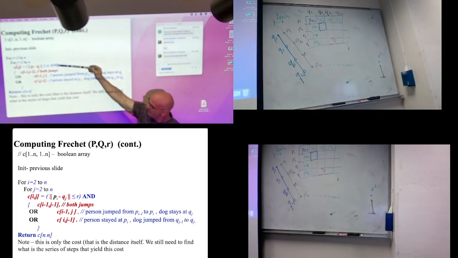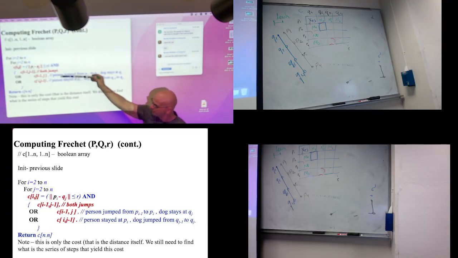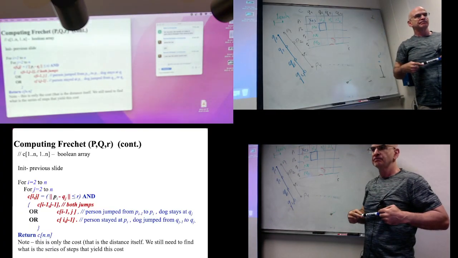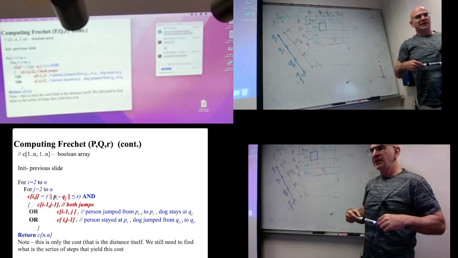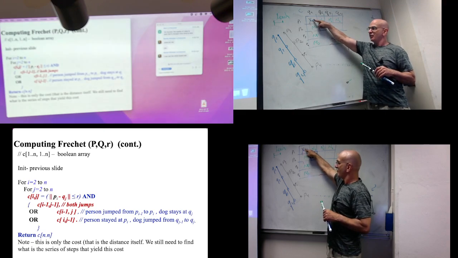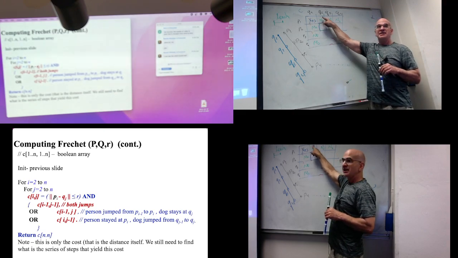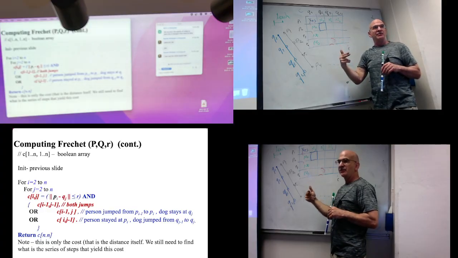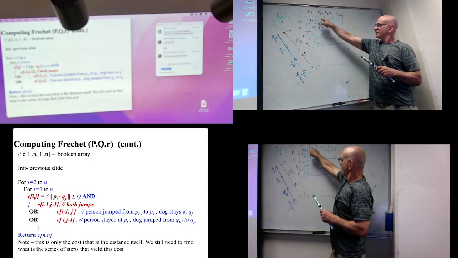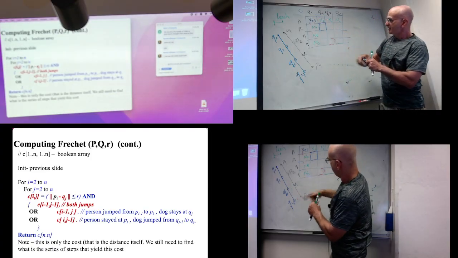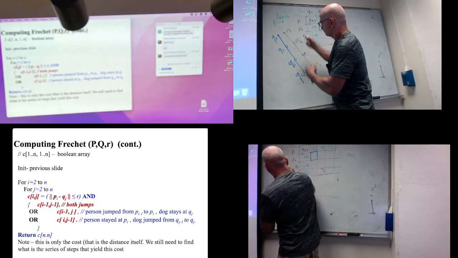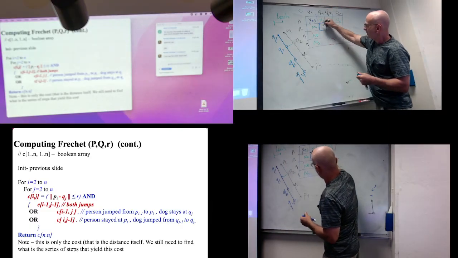Now let's look at the following three conditions. From this cell I need to check the cell to my left, the cell above me, and the cell diagonally from me, and ask whether any of them contains yes. And the answer is yes, this cell is yes. This no, no, yes, and the distance between P2 and Q2 is less than R, so I'll write yes.